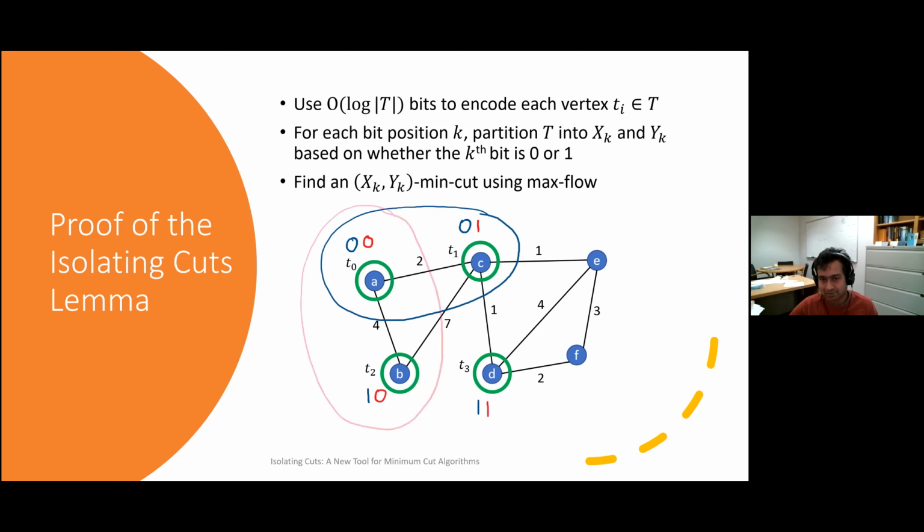If I took the second bit position, then the 2 red zeros form xk to the left. So x1 is the blue set, x2 is the red set, and the complements are y1 and y2 respectively. And we are just finding the minimum cut between xk and yk for each bit position k.